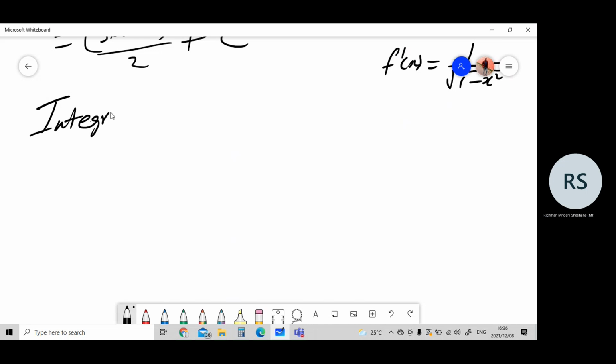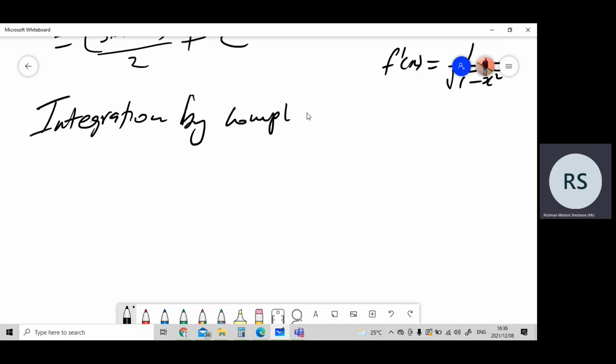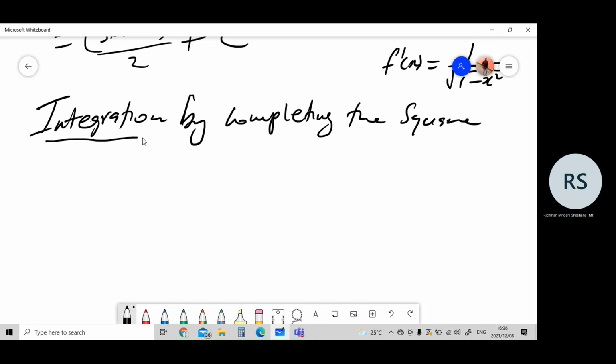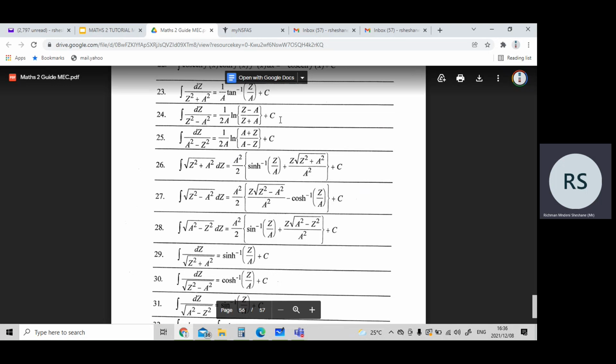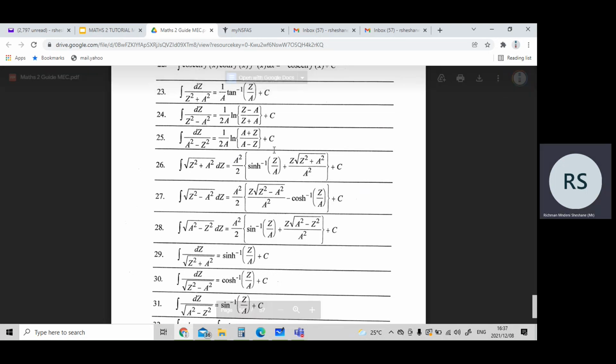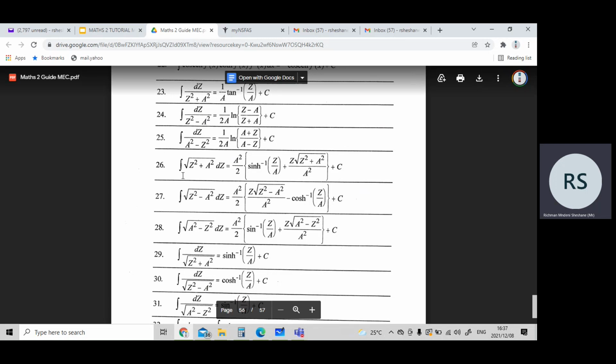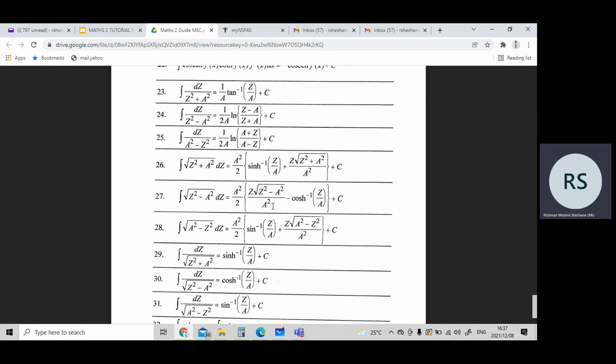In integration by completing the square, we're going to use these standard formulas. If you can put your problem in one of these standard forms, you'll be able to evaluate it, and these are the standard integrals of anything that is in this formula.